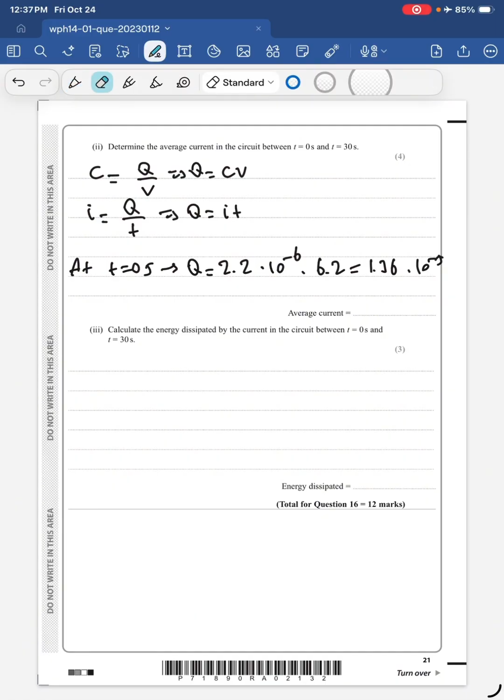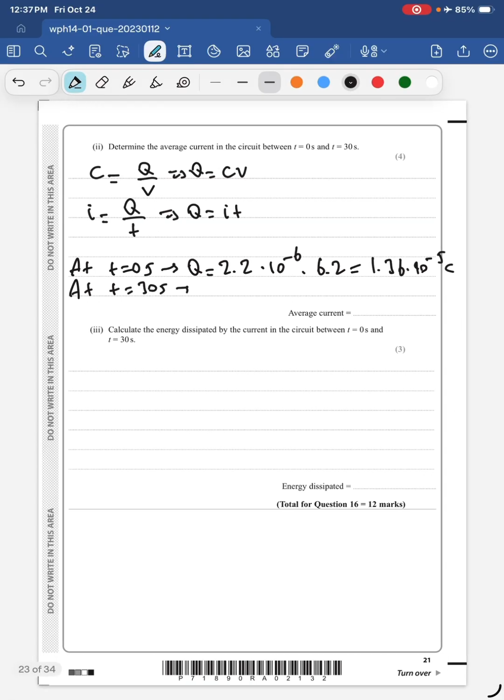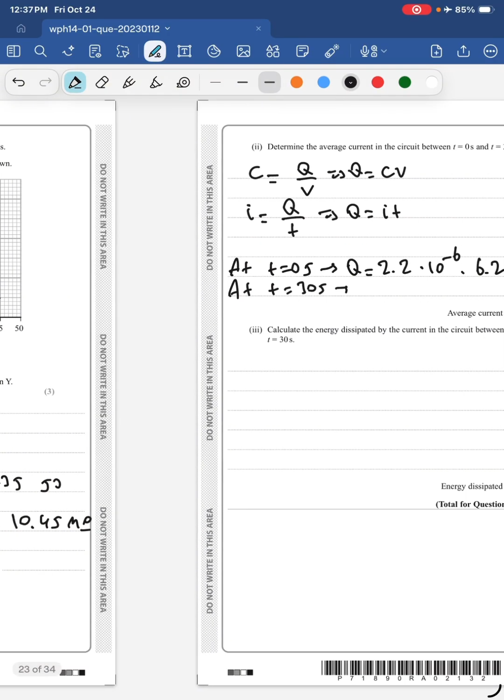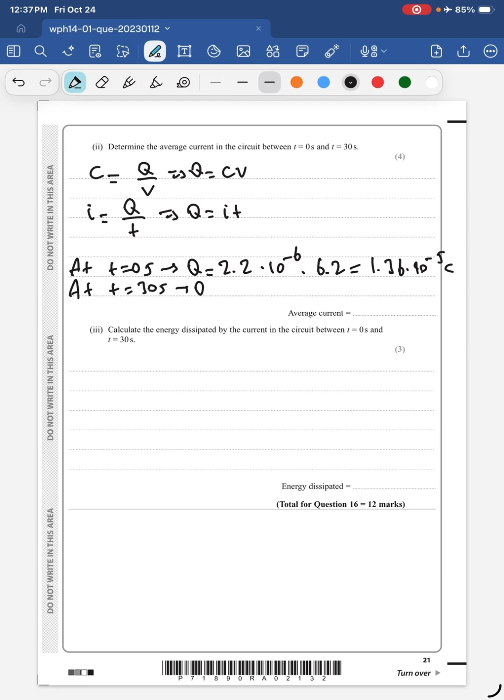Actually, I'm going to need a clean page for this problem. So 1.36 times 10 to the negative 5 coulombs at time equal to 0. At 30 seconds, which is easy to work with, the voltage is 1.8. So Q prime is 2.2 times 10 to the negative 6 times 1.8. So the charge is 3.96 times 10 to the negative 6 coulombs.